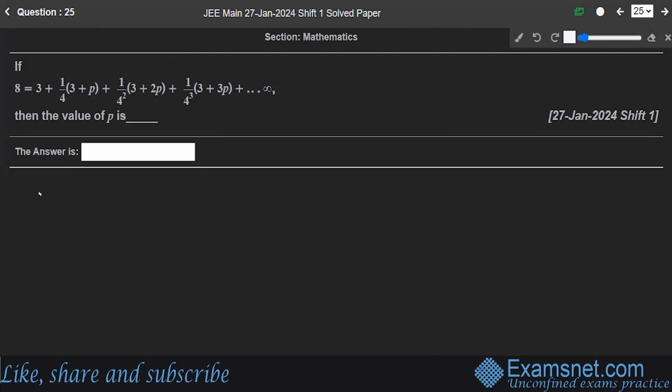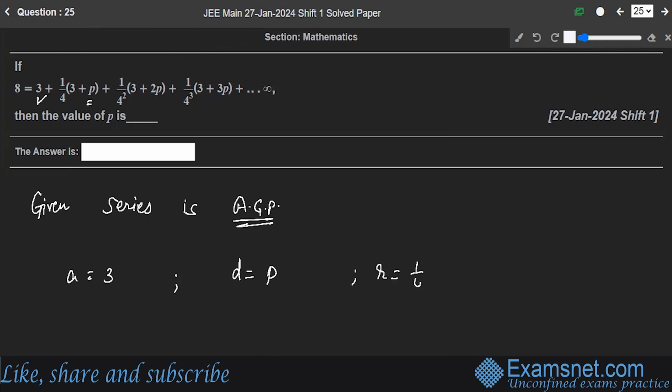So given series is AGP, that is arithmetic geometric progression. Here A is 3 and your D, that is common difference, is equal to P. And then you have the common ratio as 1 by 4.